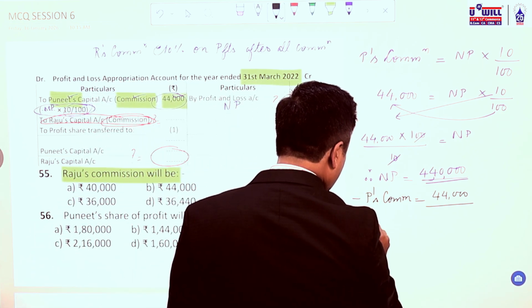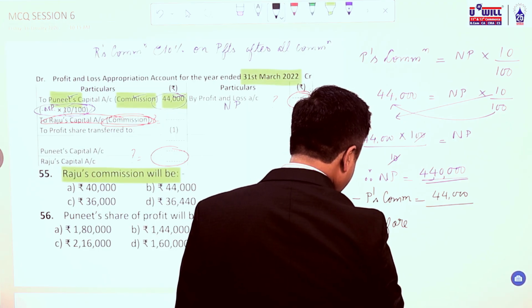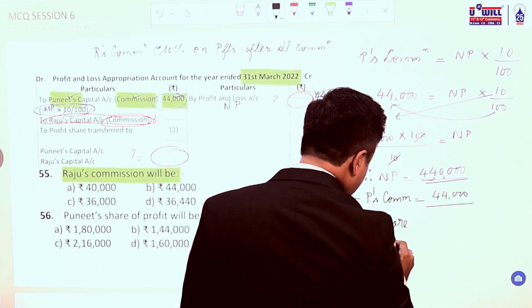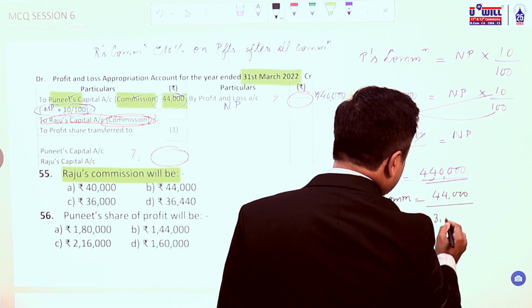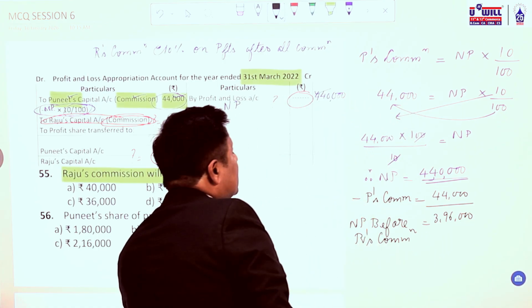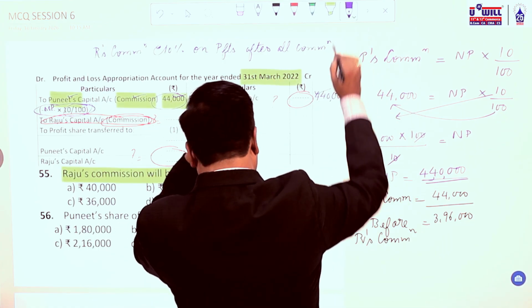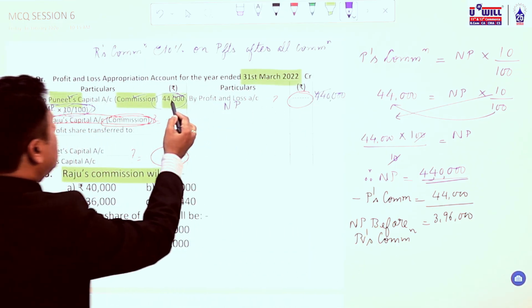This is the net profit before Raju's commission but after Puneet's commission. 4,40,000 minus 44,000 is 3,96,000. So 3,96,000 will be the profit after Puneet's commission but before Raju's commission.